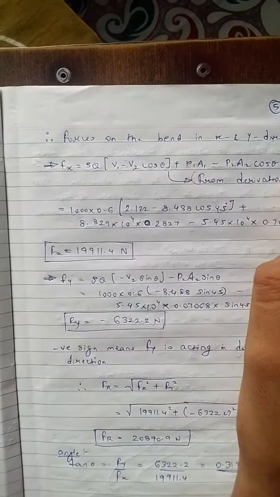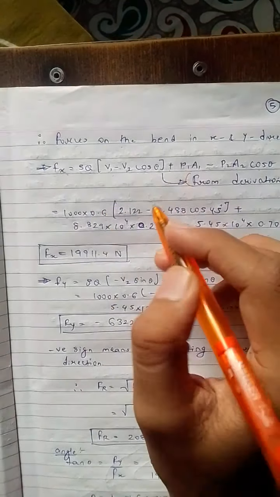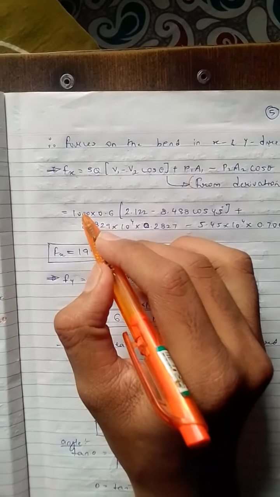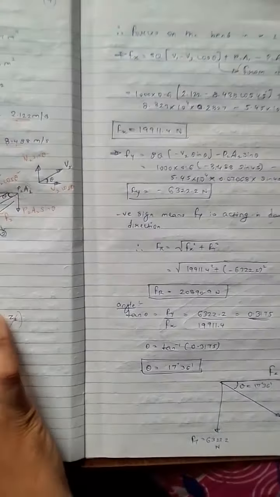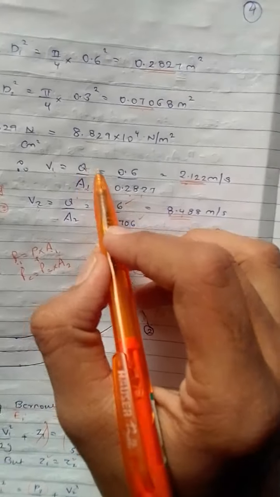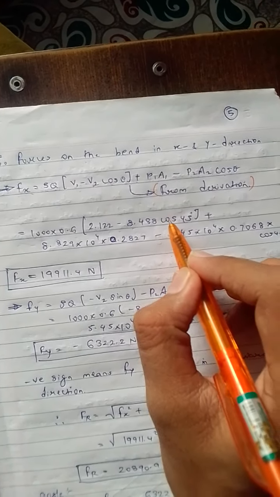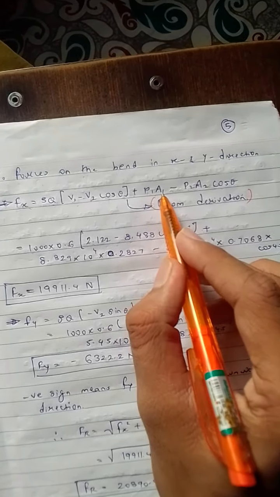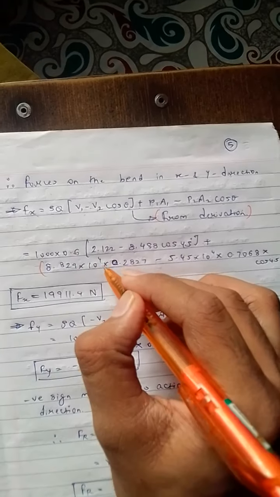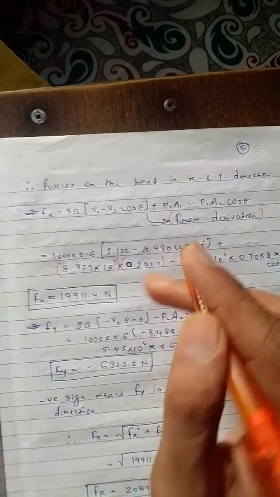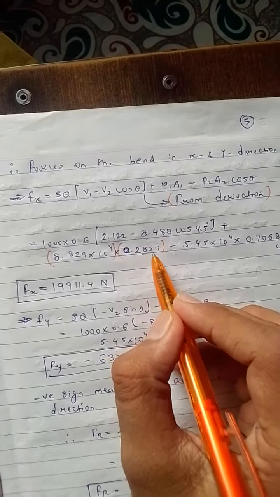So we know all the values, correct? We will be putting all the values in this formula. Rho equals 1000, Q equals 0.6, in bracket V1 minus V2 cos theta, plus P1 into A1, correct?